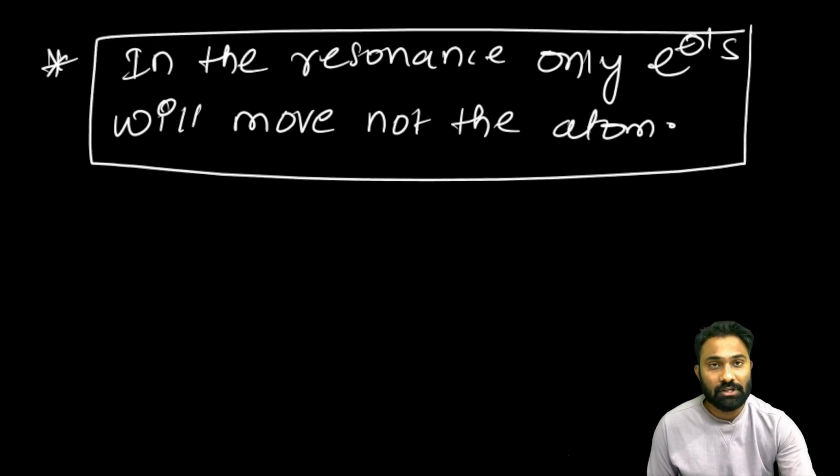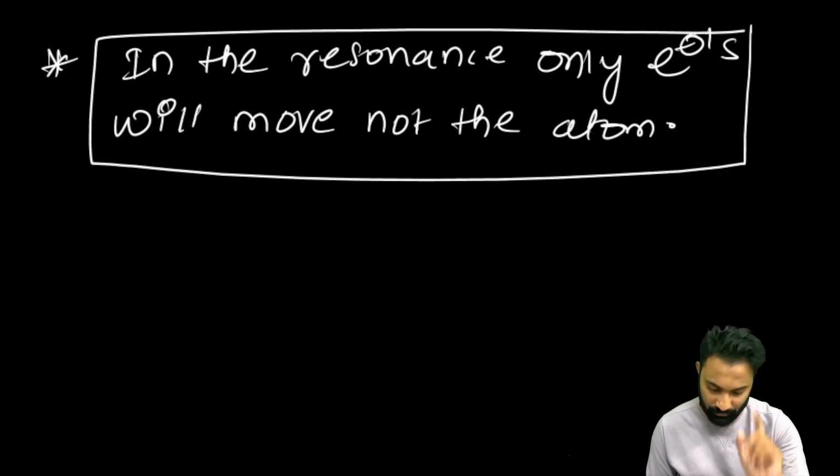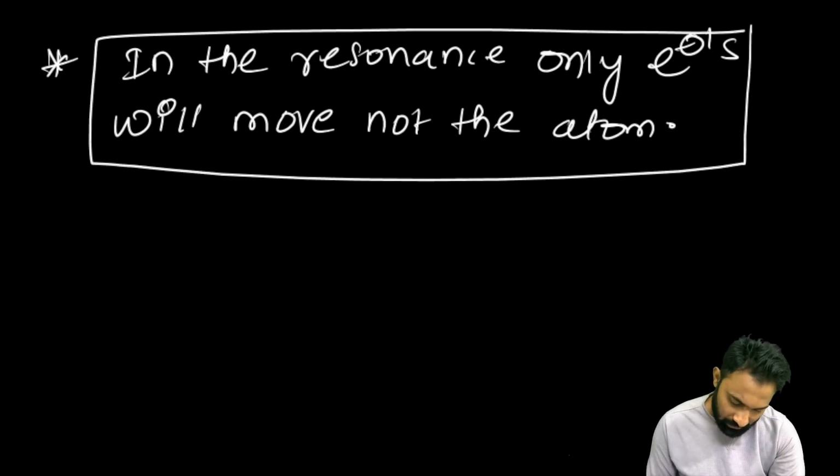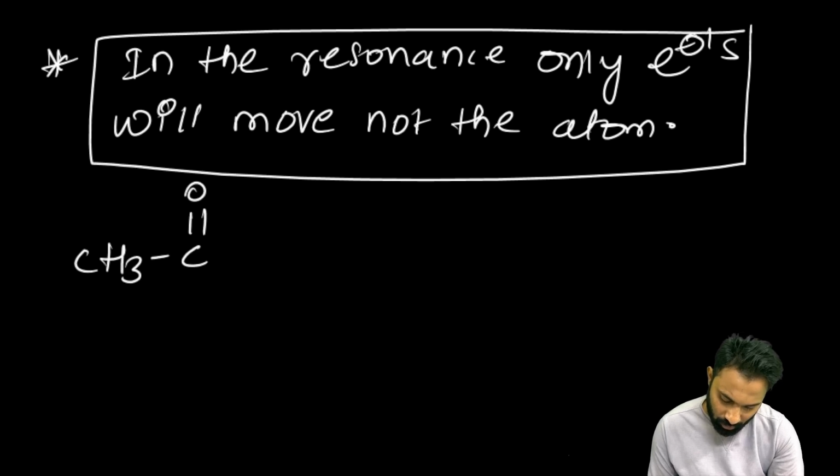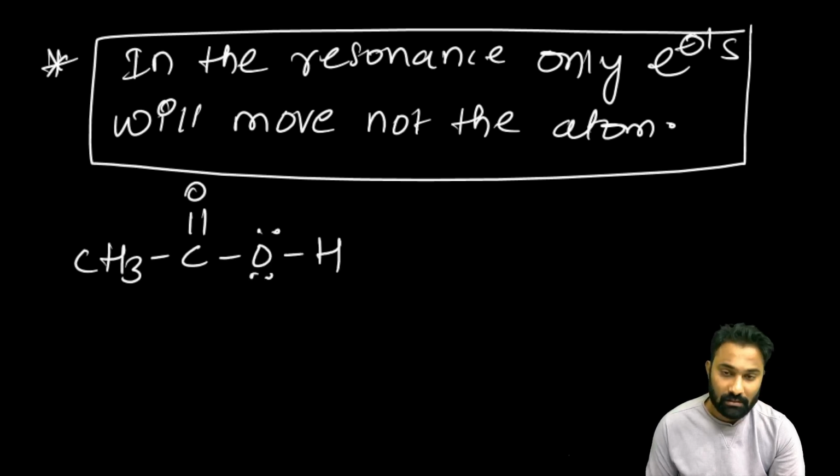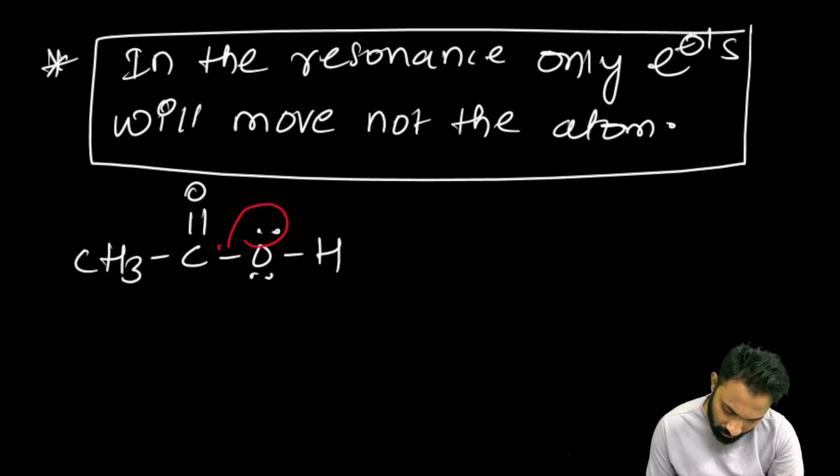Any compound, if it is showing resonance, in the resonance only the electrons will move, not the atoms. Done? Now here is an example for you, if you take the general example, CH3 C double bond O and H. Here the lone pair of electrons and this pi bond, these are pi electrons.